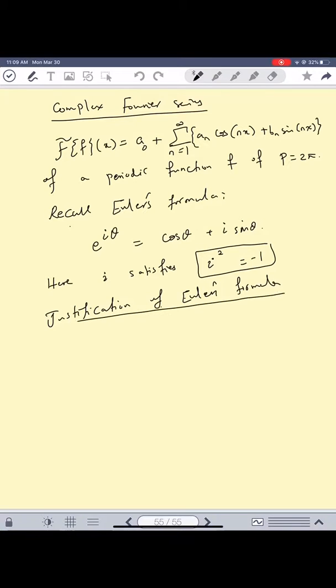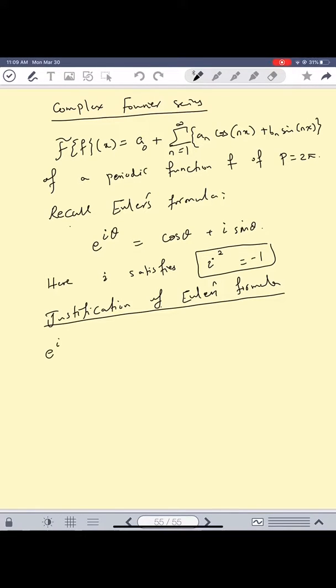And then after justifying Euler's formula, why is e to the i theta equal to cosine theta plus i sine theta, we will go and see the complex Fourier series. So if you are familiar with Euler's formula, and if you don't like seeing the justification, you can just forward the video and see right away the complex Fourier series. But for those of you who are not familiar with this formula, let's just talk about it very little.